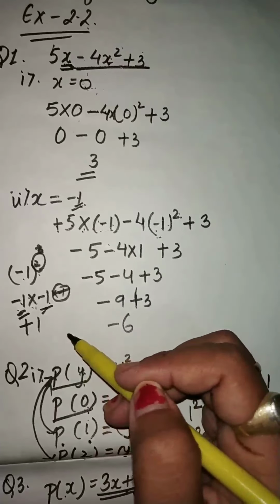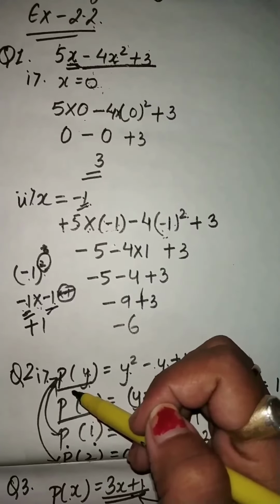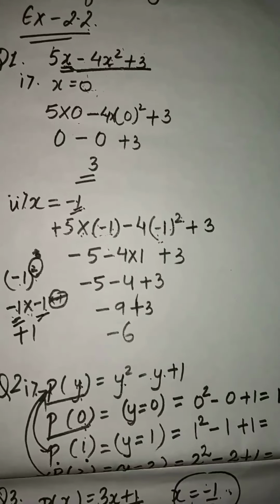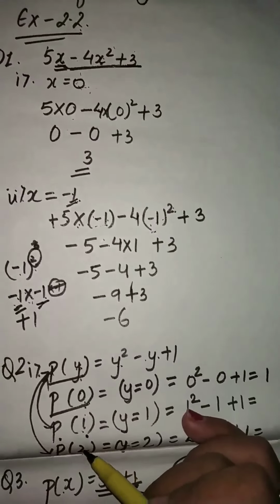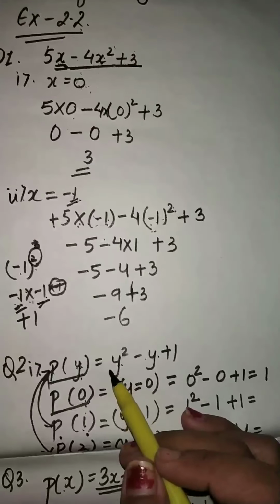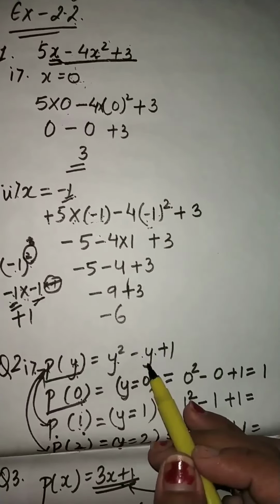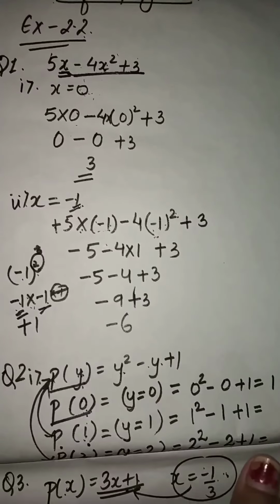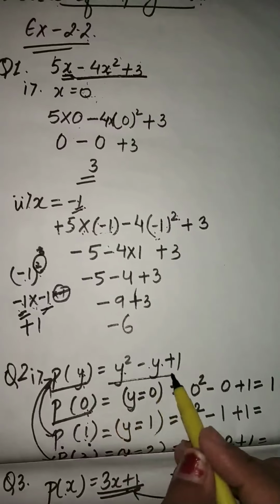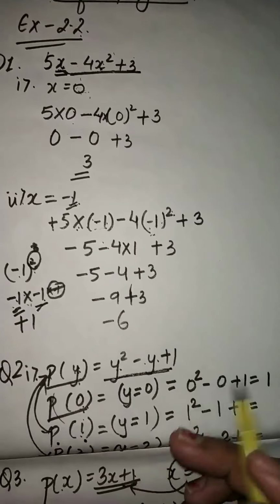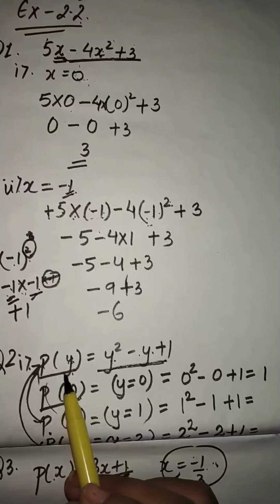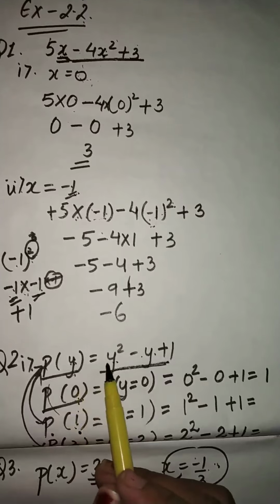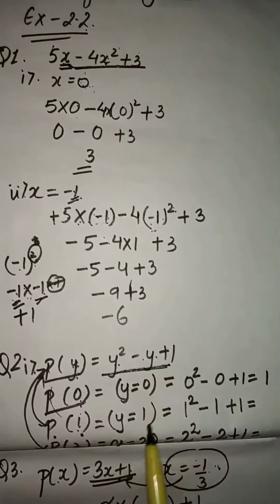Now come to the next one, question number 2. In question number 2, we have to find the value of P of 0, P of 1 and P of 2. One expression is given, so let's take an example. We are given P of y is equal to y square minus y plus 1.